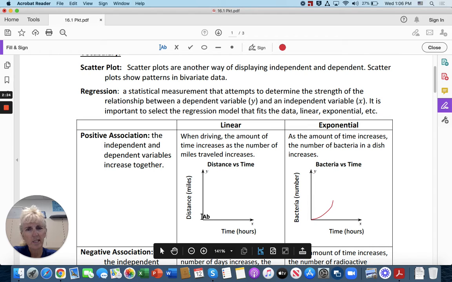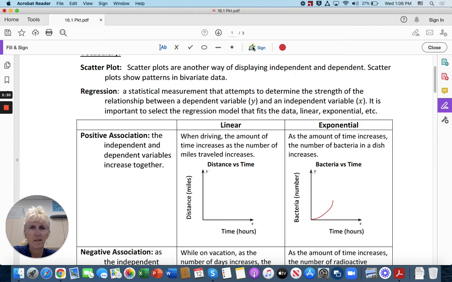And this one again should be a straight line diagonally across from there.